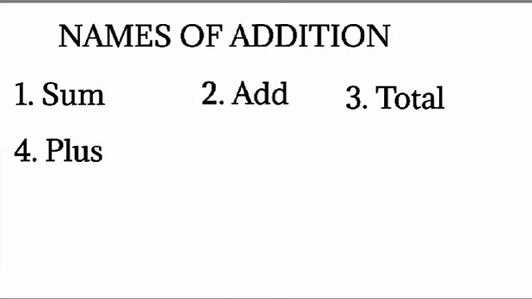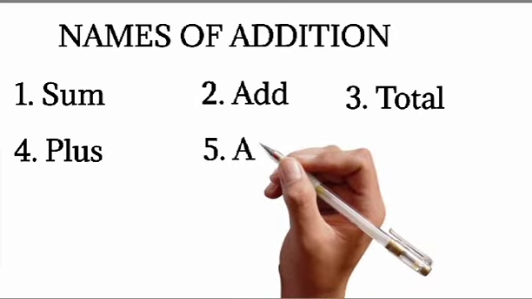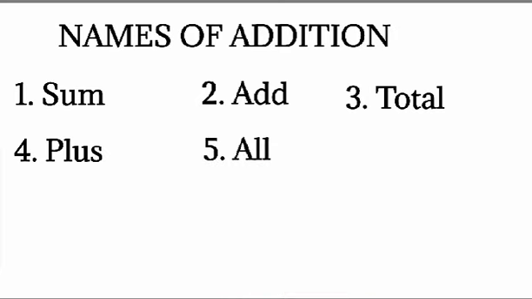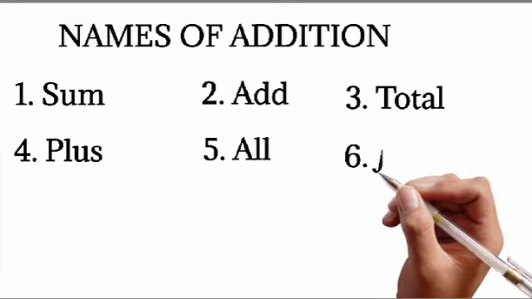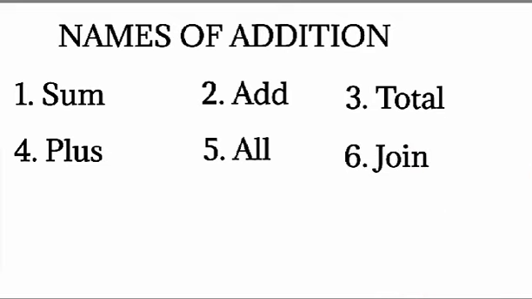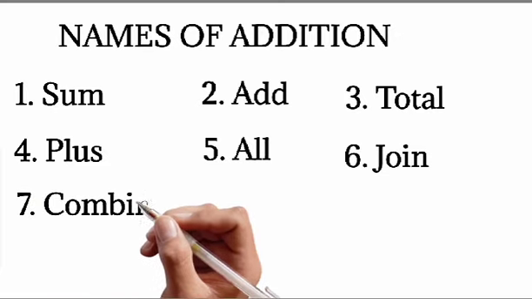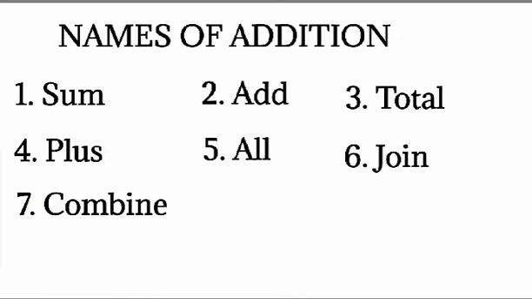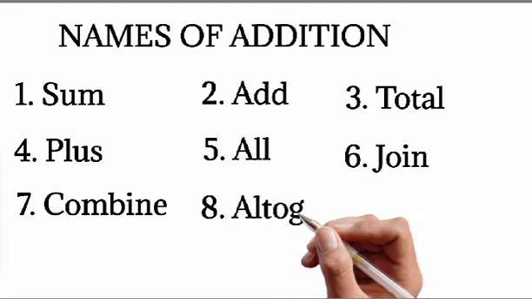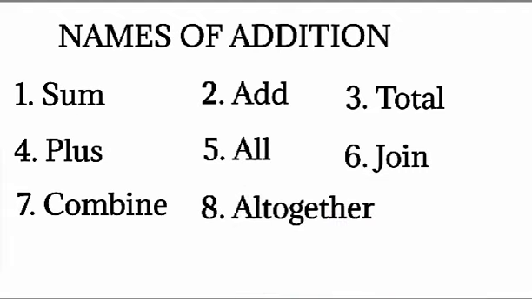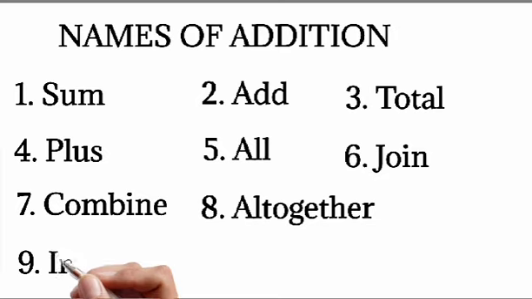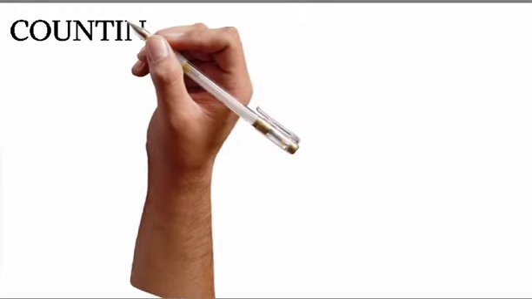Number 5, all. Number 6, join. Number 7, combine. Number 8, all together. And number 9, increase. So once you see these names, it means you have to do your addition.